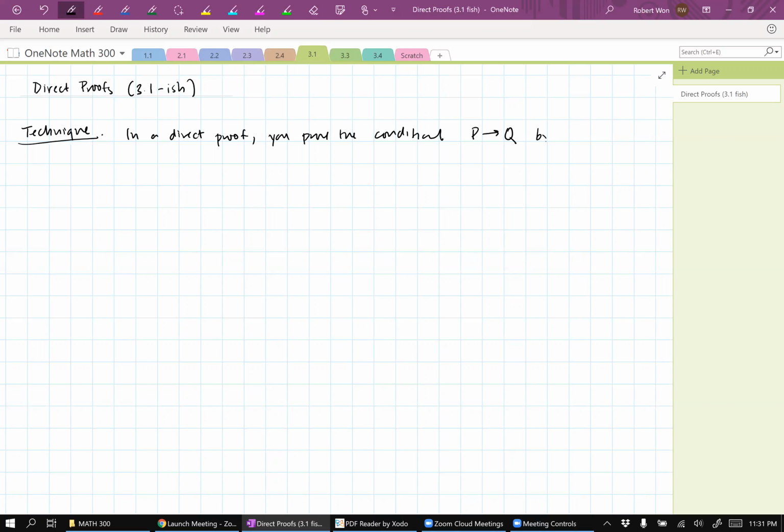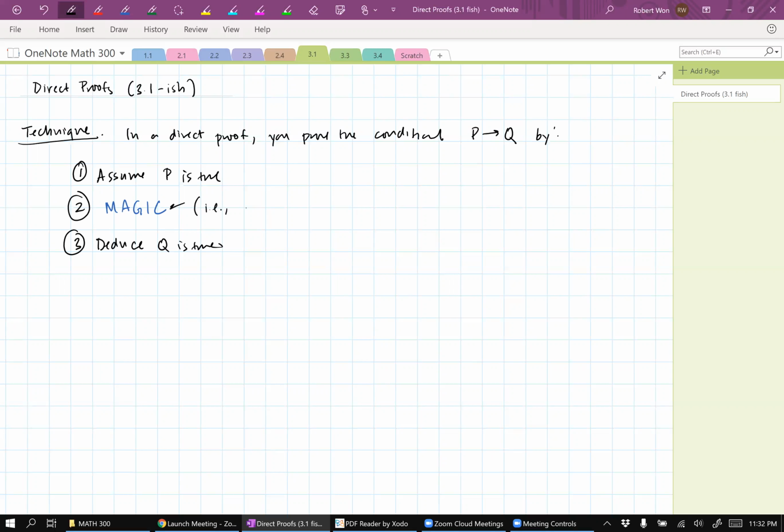So the technique of direct proof is 1, you assume that P is true. Okay, 2, I'm going to write magic here. And 3, you deduce that Q is true. Okay, so I put magic in step 2 because depending on what you're trying to prove, you will do different things in step 2. But what goes in this magic?